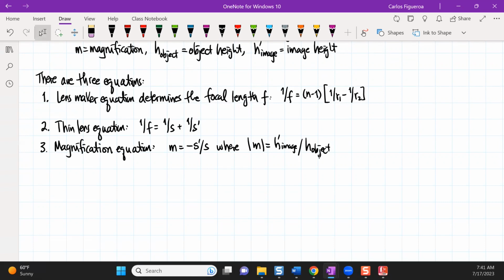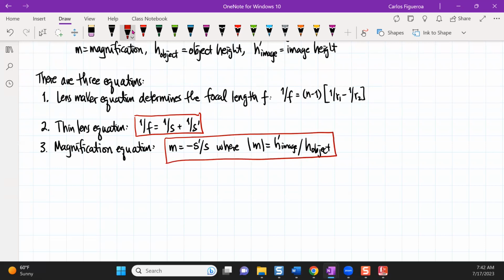So now, let's look at these. I'm going to focus on the thin lens equation and the magnification equations. These equations are not difficult to solve for, but you've got to be careful of the signs because it's easy to get the signs incorrect.